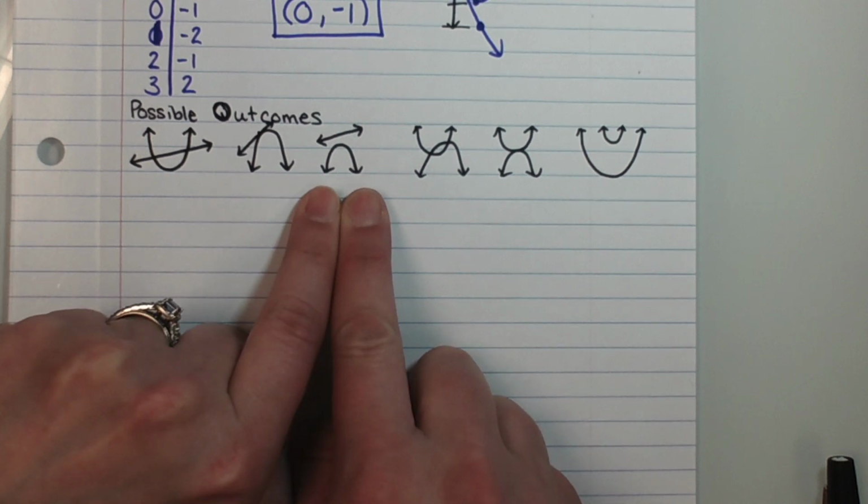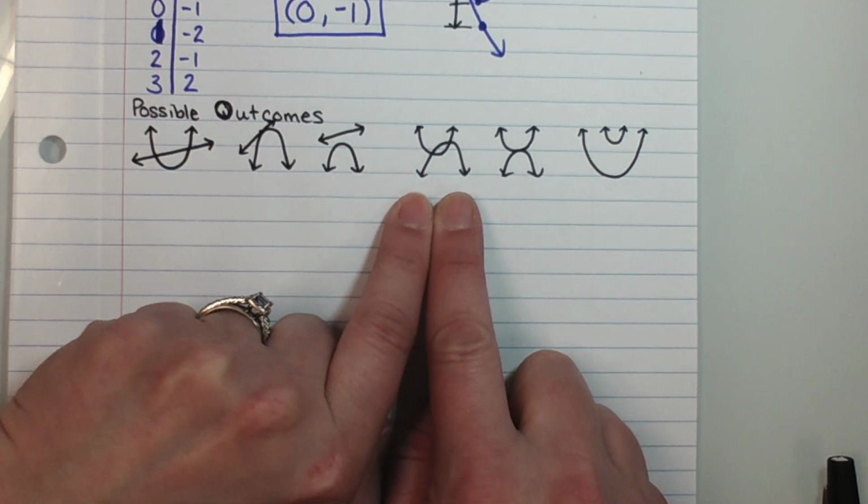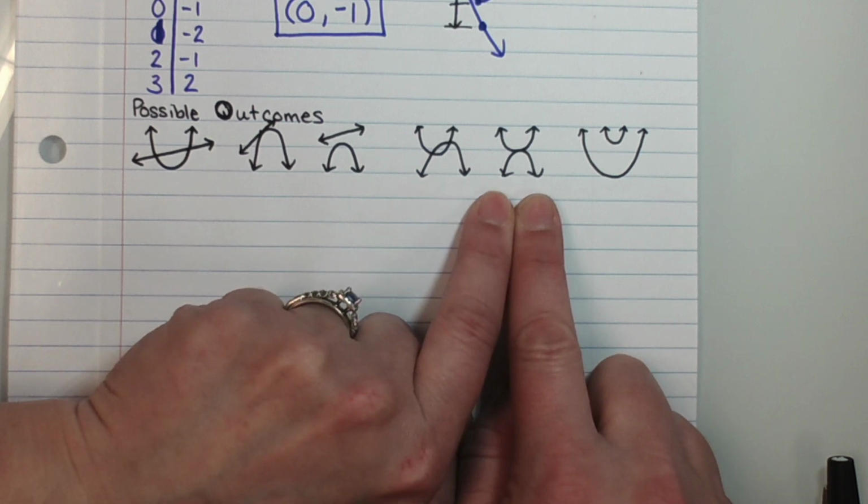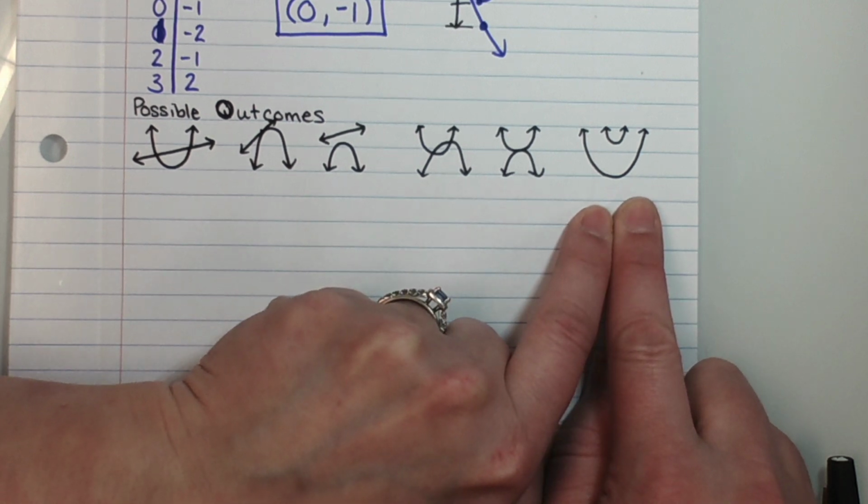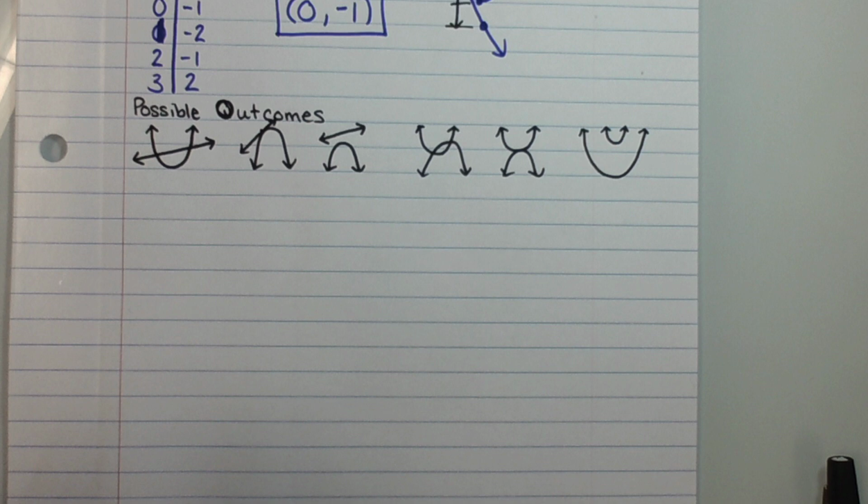If this is my graph, how many solutions are there? 0. Specifically 0, what type of solutions? Real solutions. You're not going to find imaginary solutions. These ones: 2 solutions. 1 solution. No solution.